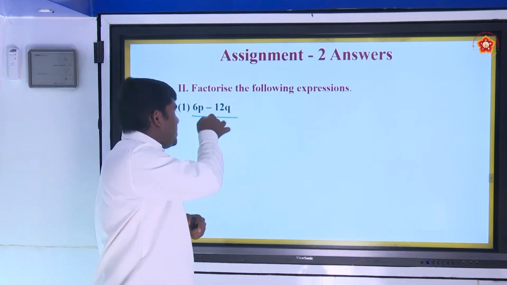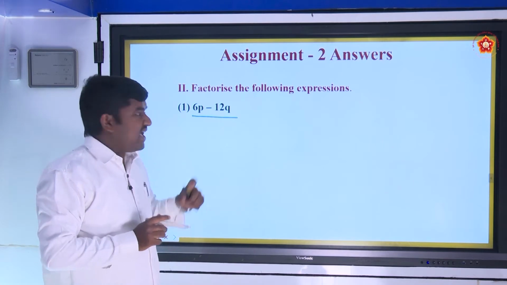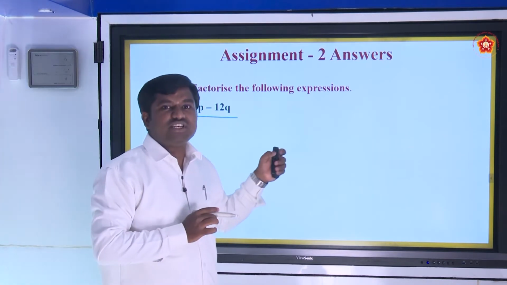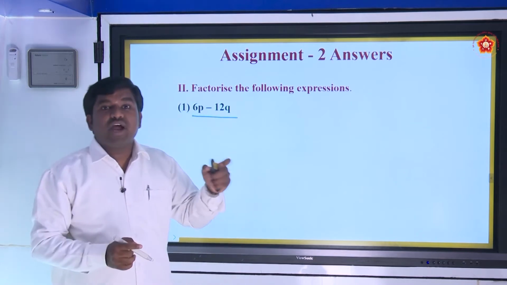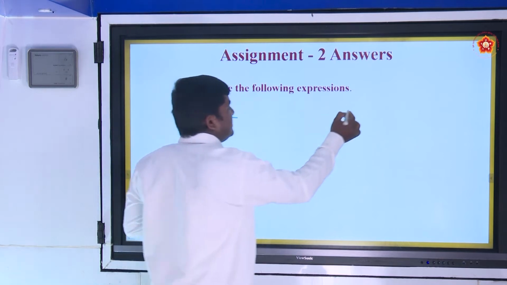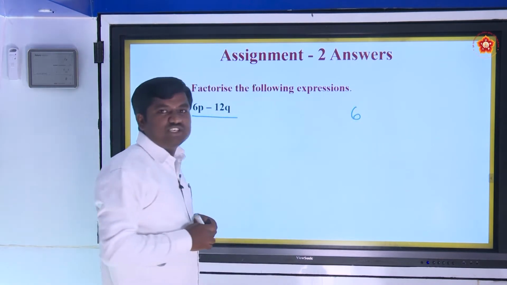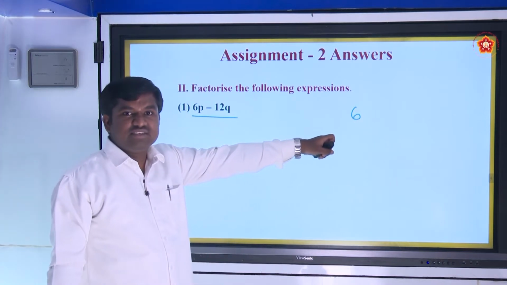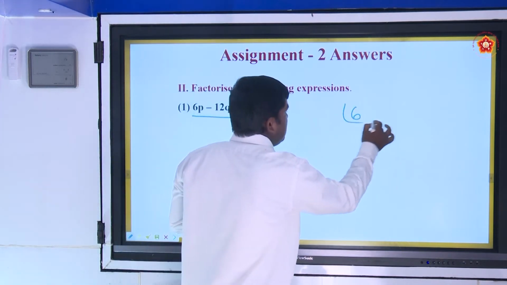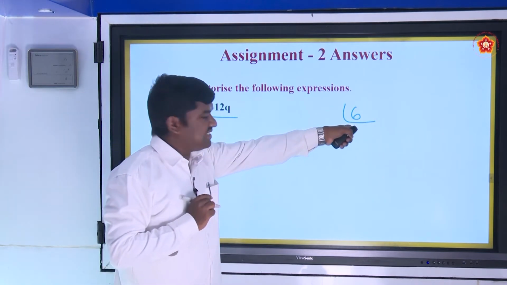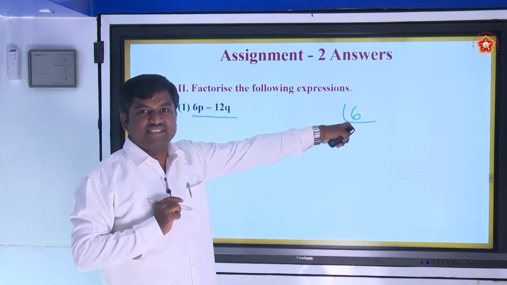In the constant place, if you have a composite number, then we can express that composite number as prime multiples. Suppose 6. It's a composite number. You know how to express this in prime factors? So we should take only prime numbers to express this as a product of factors.